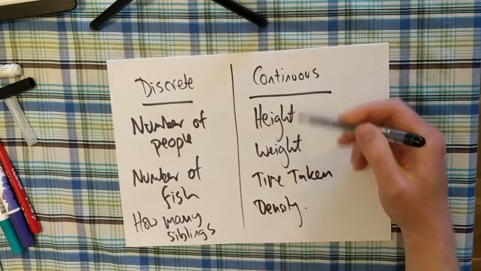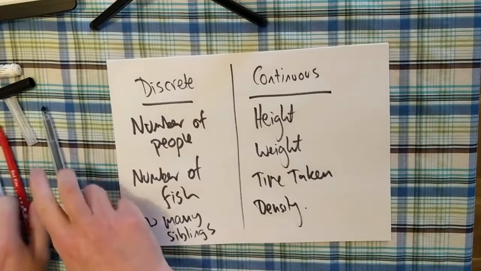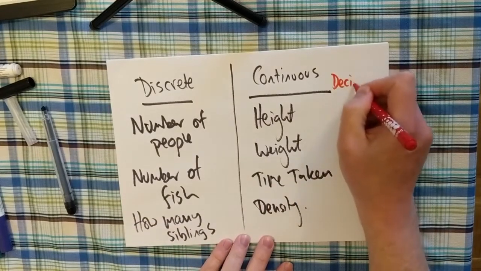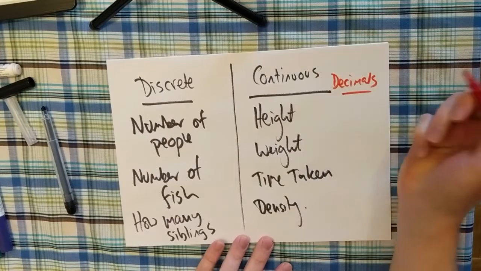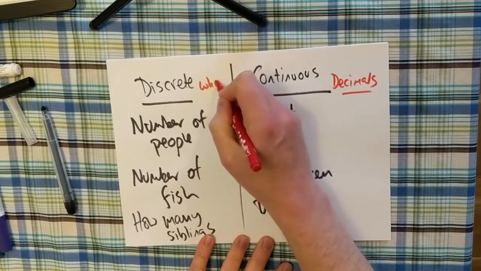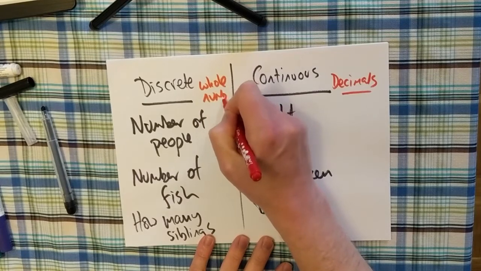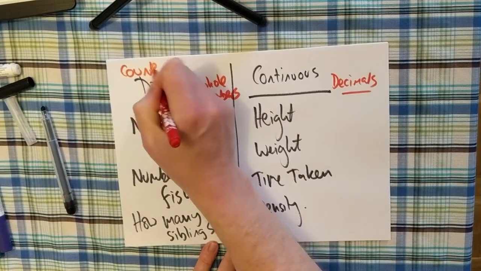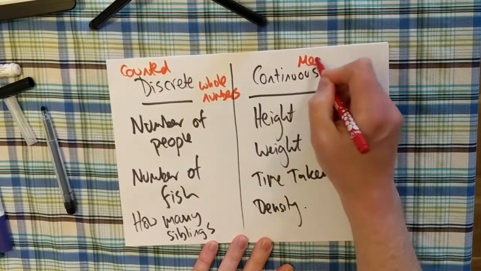All of these you measure them on a scale. These have decimals in general. You can spot the difference between the types of data. These are generally decimals, or have decimal elements to them. These are definitely more often whole numbers. And these can be counted, whereas these ones are measured.